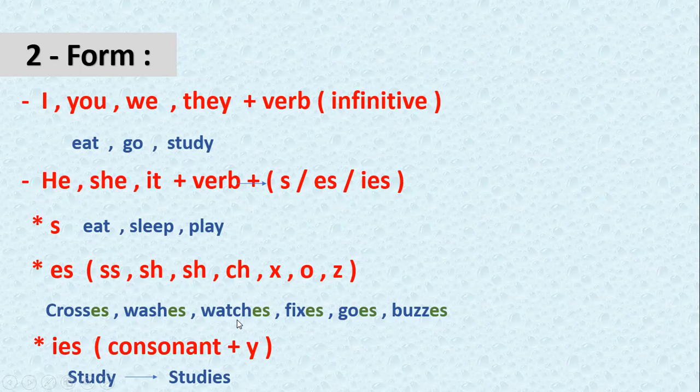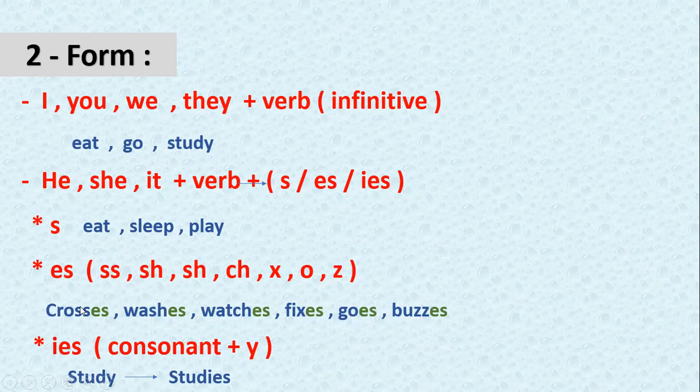So watches. Okay. We have here fix. We add es to be fixes. Go, we add es to be goes. Can you see here we have go with I, you, we, and they. We didn't add anything, but here we added es with he, she, or it. All right. Buzz, buzzes. All right.